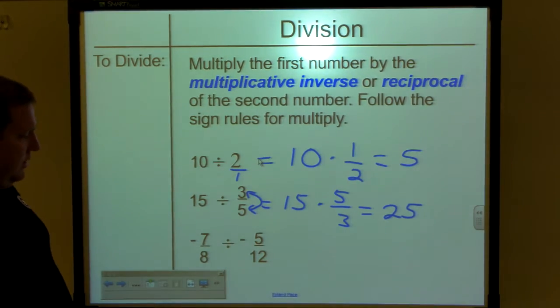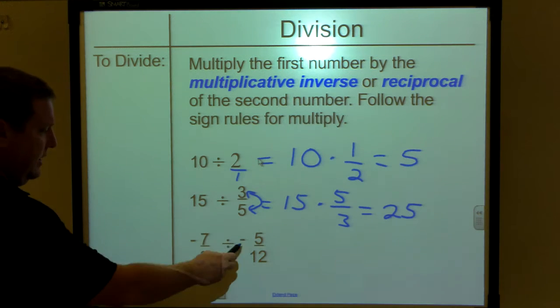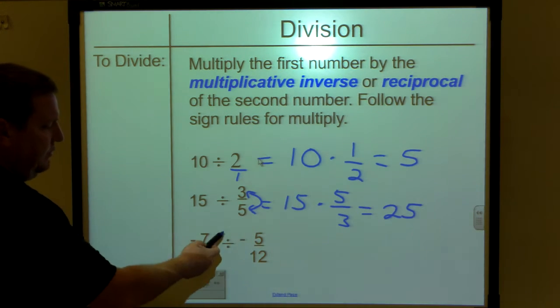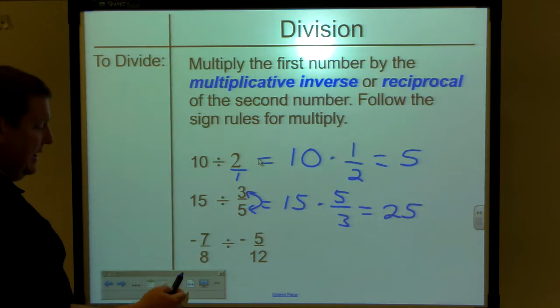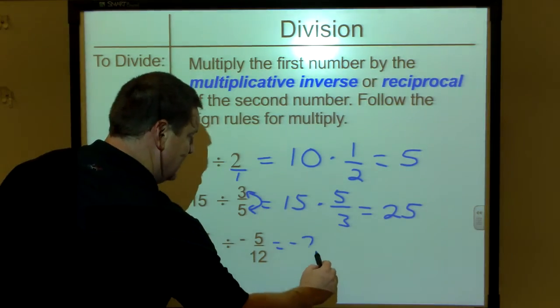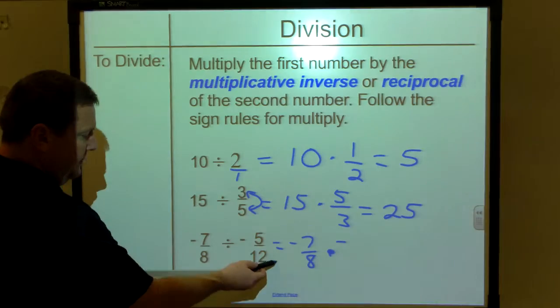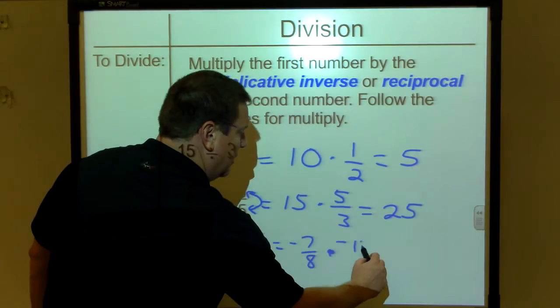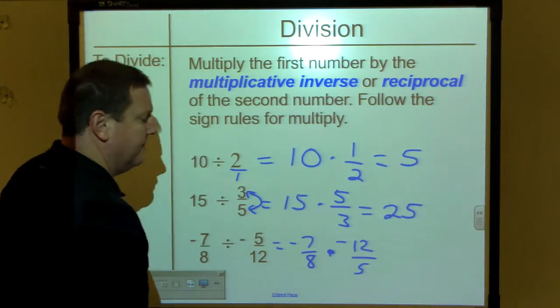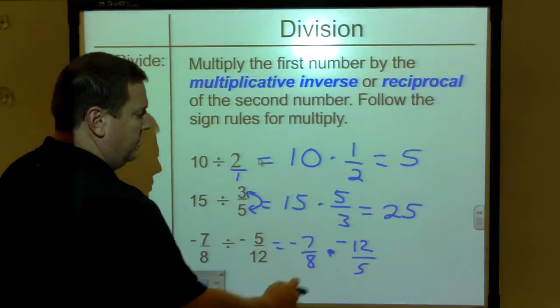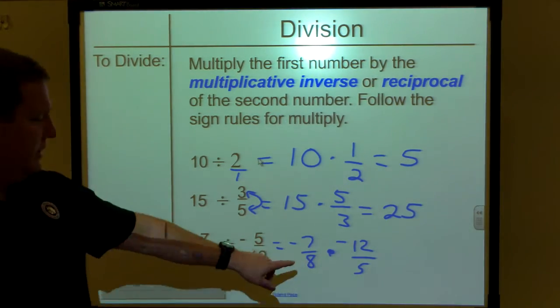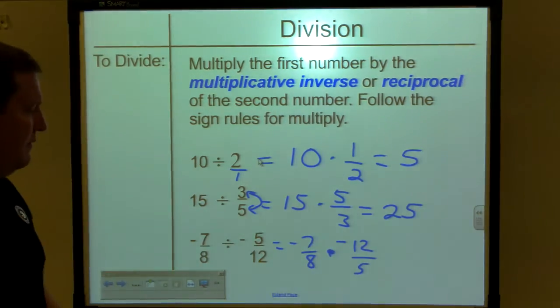Right here we have two fractions, and they're both negative, so negative times negative, or negative divided by negative, is going to be a positive. So we still have negative 7/8 times negative, and flip this over and we get 12 over 5. And we could just go multiply straight across, but I'm going to go ahead and simplify the 8 and the 12 first.